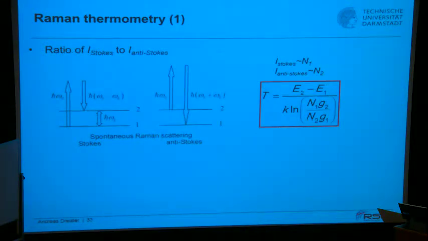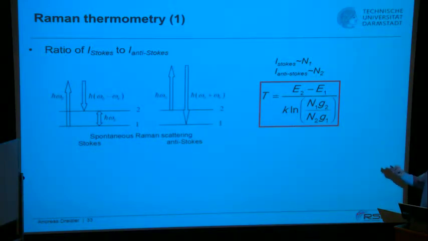In principle, of course, you can do it differently. Without looking for the rotational sublevels, maybe you just take the vibrational levels. You probe here the ground state, and you might probe here the first excited state, and look here for Stokes and anti-Stokes radiation.